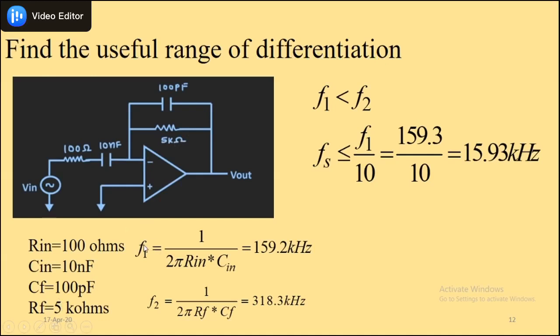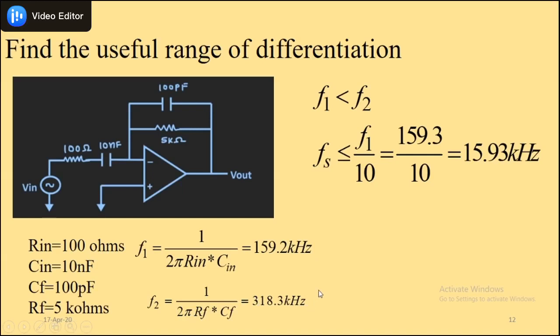By the formula we saw in the previous slide, F1 is equal to 1 upon 2 pi Rn multiplied by Cin. When you put these values in, you will get 159.2 kilohertz. Similarly for F2, you will see 318.3 kilohertz.